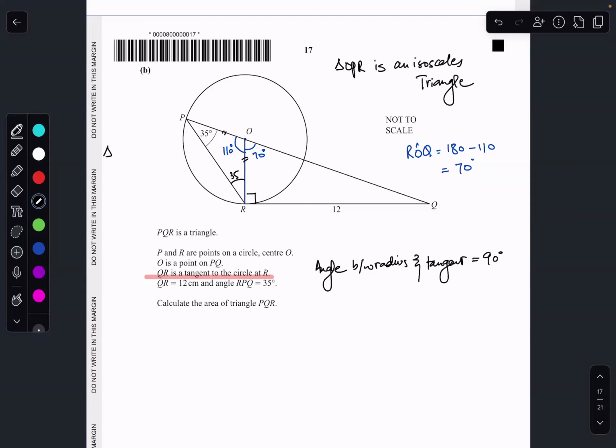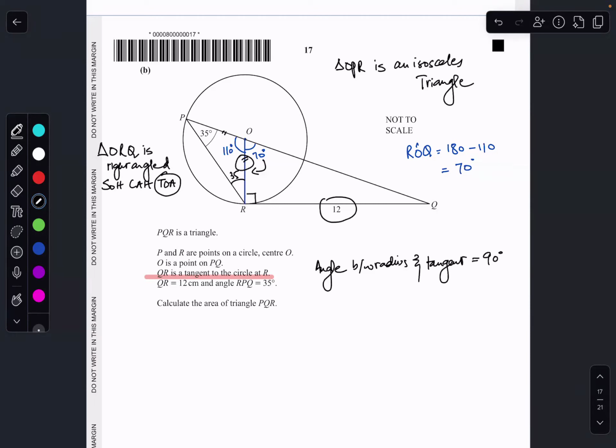Triangle ORQ has a right angle. If it's a right angle, we can apply the trigonometric ratios, sine, cos, tan. Which one should we apply to figure out OR? Sine, cos, or tan? We have the opposite. We need the adjacent.